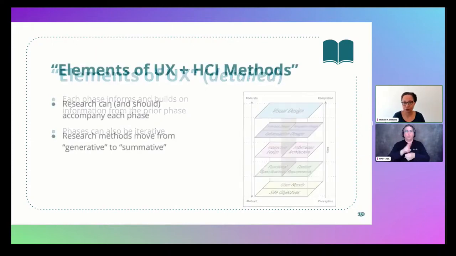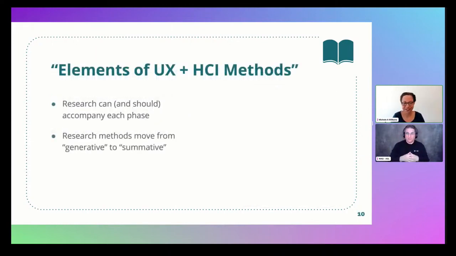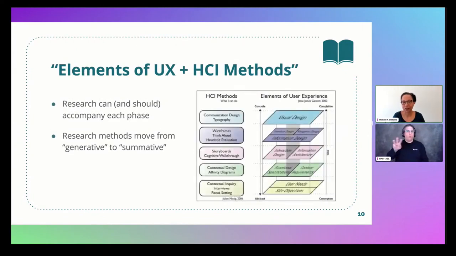So I'm going to show a diagram that actually is not from formal research or a presentation, but rather from Julian Missick's personal website. But I really like this diagram because it takes the elements of user experience and pairs it with various research methods that can and should accompany each phase.